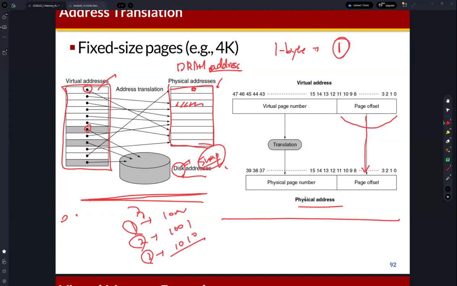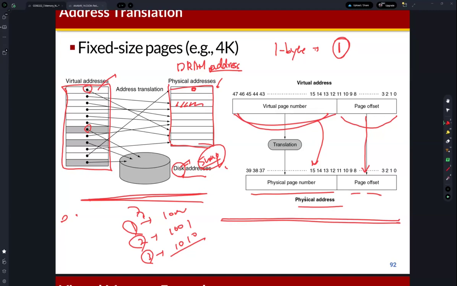And then the upper bits are translated into the physical address. If you see this figure, you can find that the lower 12 bits of the virtual address are just copied, and the upper bits are just translated.